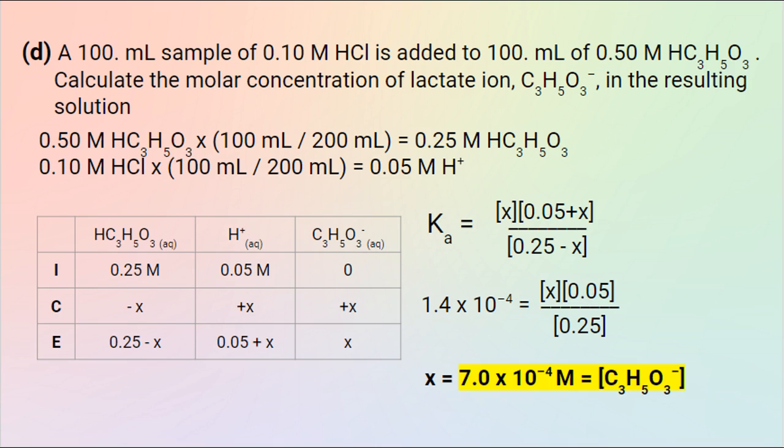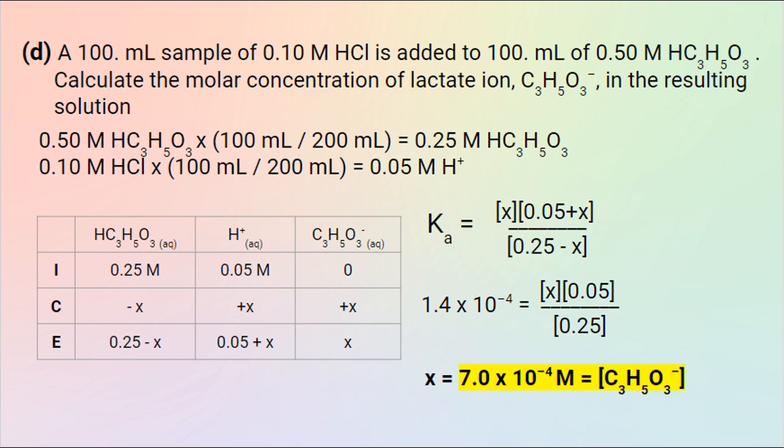What I did wrong was that I took the volume and multiplied it by the molarity to find the moles of HC3H5O3 and HCl, or in this case H+, when I actually should be taking the molarity given and multiplying it by the volume over the total volume to find the new molarity.